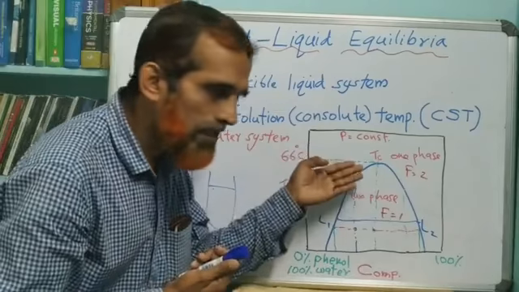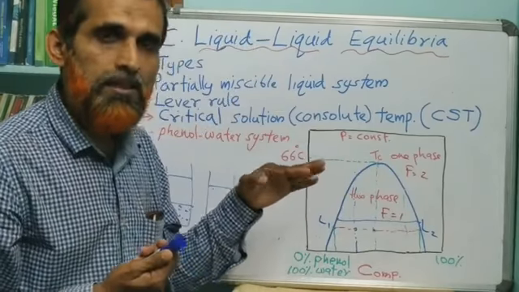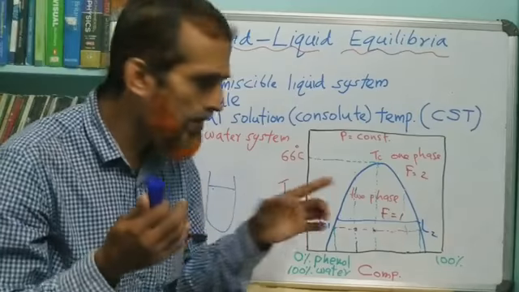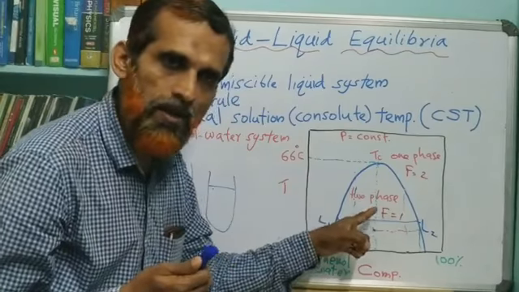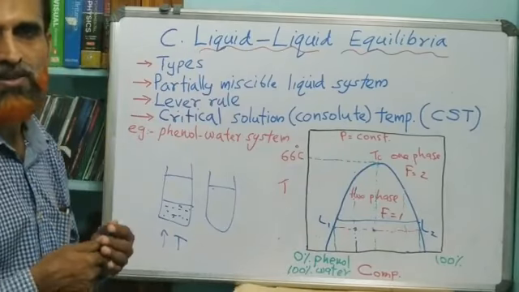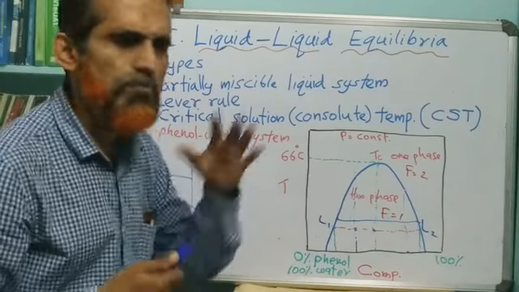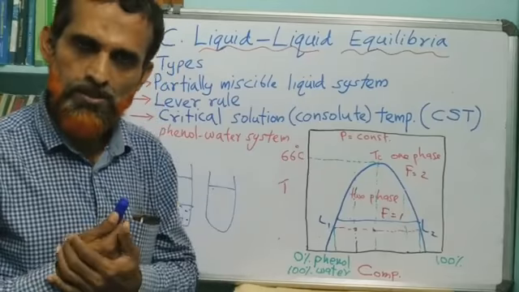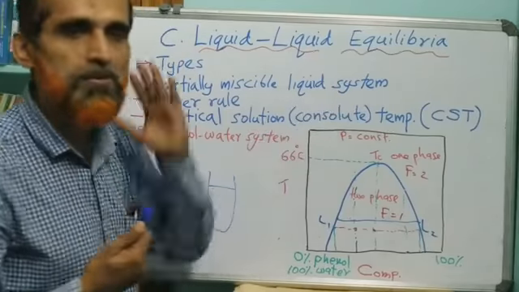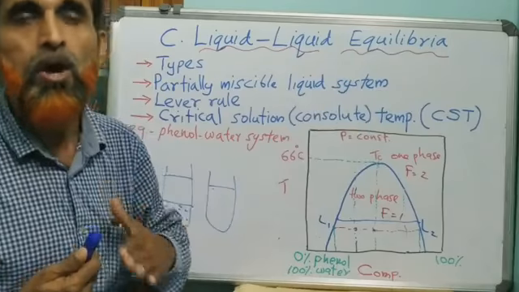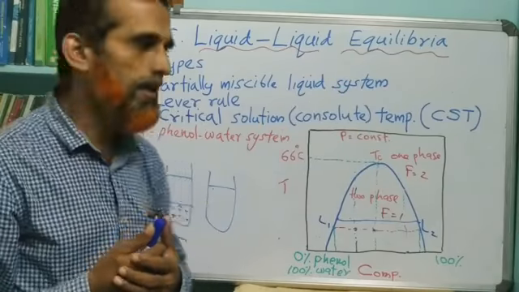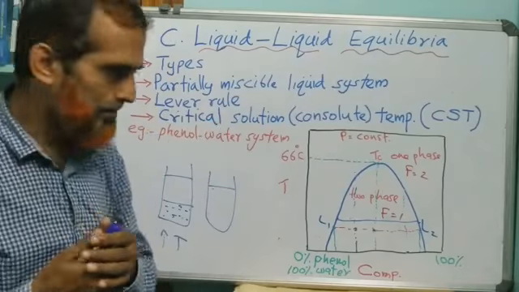It's a temperature below which the partially miscible liquid system will remain in two phases, above which it becomes one phase. You can state it in different words. The temperature at which and above which two partially miscible liquids become completely miscible and become a single phase, or homogeneous, is called the critical solution temperature.